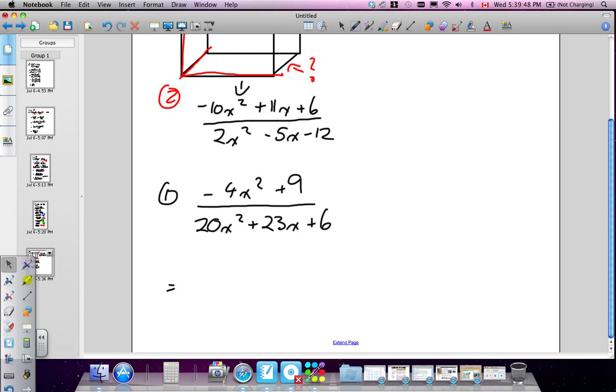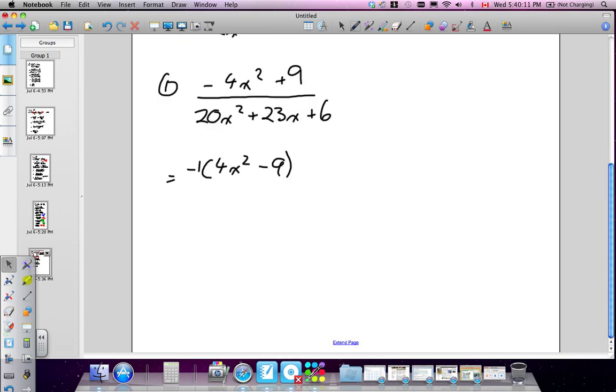So when I take negative 1 out, I'll write negative 1 on the outside. I'm left with 4x squared, right? It's now positive, minus 9. Now I have a difference of squares. I can factor that. I also have, is there a common factor in the bottom ones? 23 is a prime number, so it can't be a common factor.